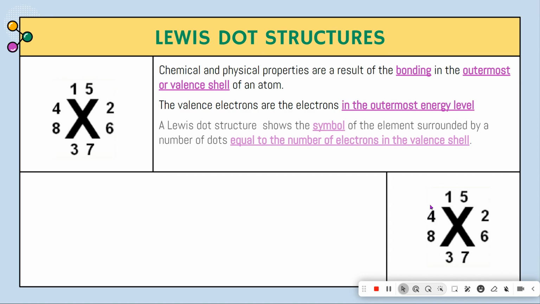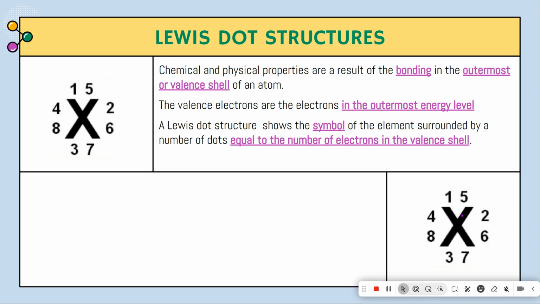Okay, so a Lewis dot structure shows the symbol in the middle, and it's surrounded by dots equal to the number of electrons in the valence shell. And when we write them in, it's important to write the electrons in a certain pattern. We're going to pretend that there are 4 sides to our atom.